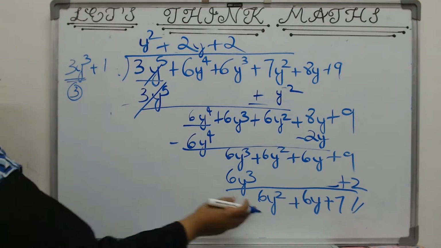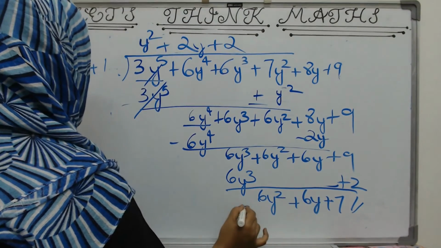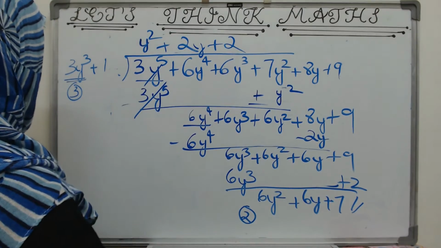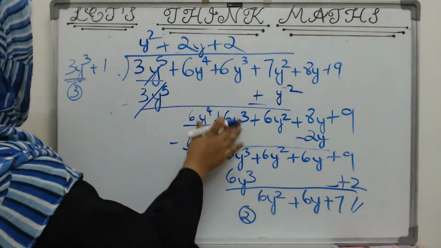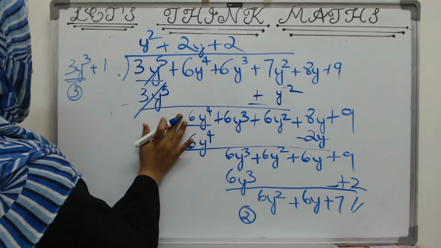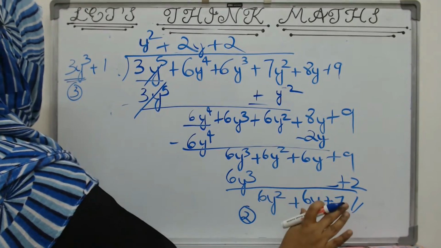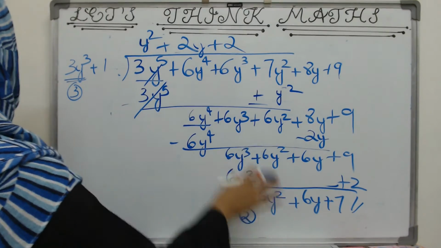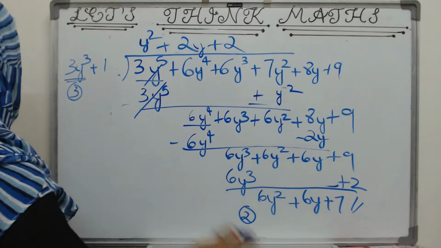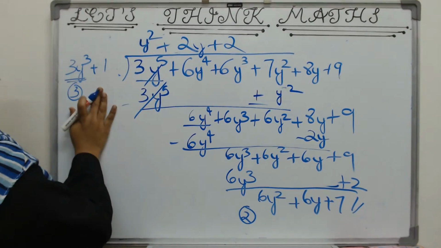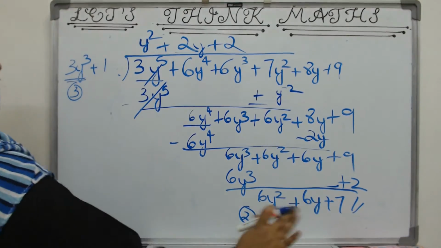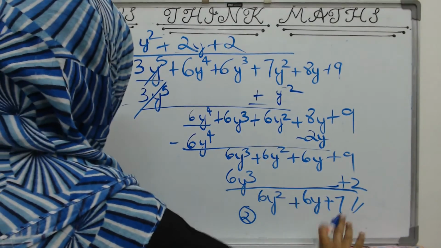Look at the degree of the divisor. It is 2. So you cannot continue anymore. Why did we continue so far? Here the degree was 4. Here the degree was 3. Till then it was okay. But when the degree goes strictly less than 3, strictly less than the degree of the divisor, then nothing more we can do. We have to stop it here.